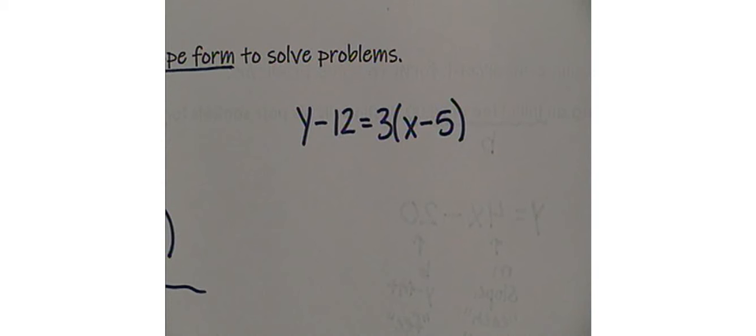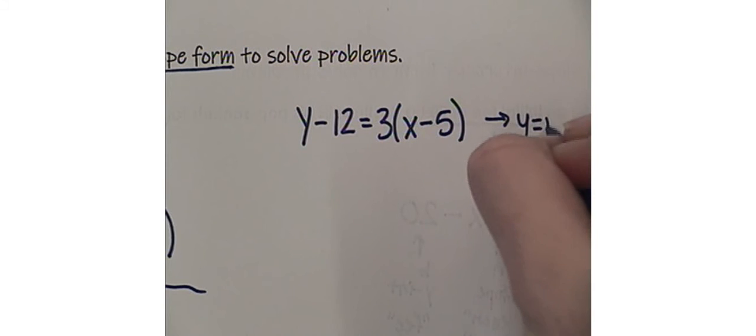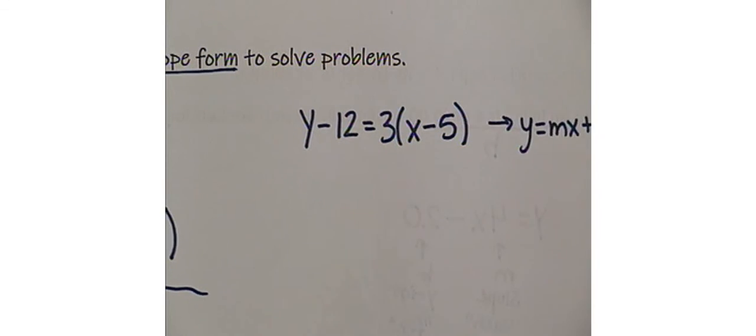All right, we are going to take y minus 12 equals 3 times x minus 5. This is in point-slope form, and we are going to convert this to slope-intercept form, which is y equals mx plus b.